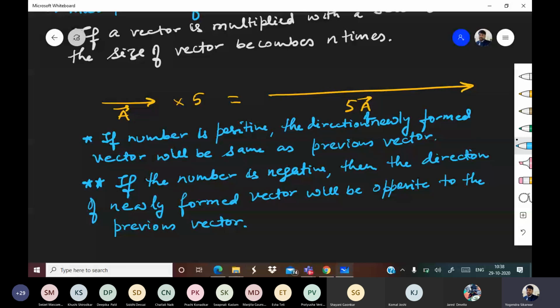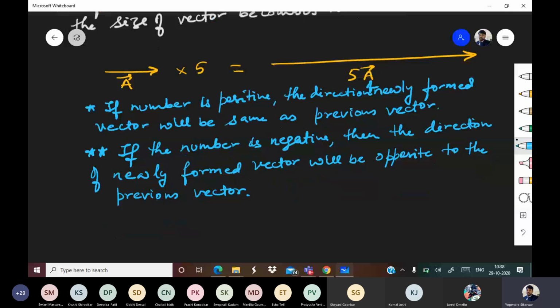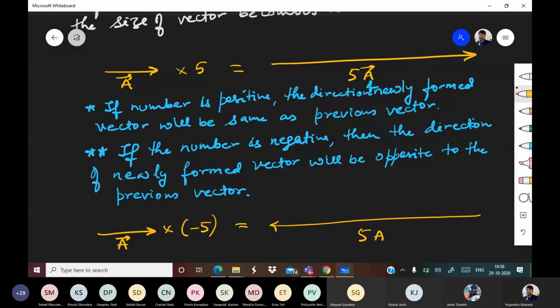Now what does it mean? Just to give you an example, suppose this was our a vector and you are multiplying it by -5. We'll get a vector which is 5 times the size, but the direction will be reversed or opposite.